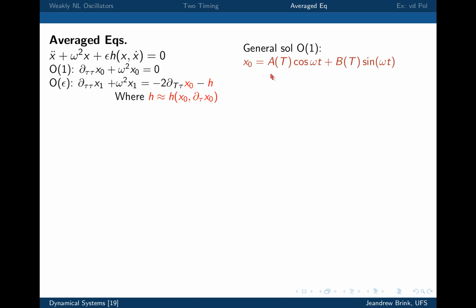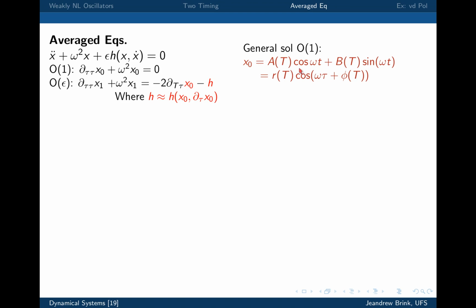So you have A of big T cos omega t plus B of big T sine omega t. An equivalent way of writing this, you have two unknown constants here, you could also write it as R of big T times cos of omega tau plus phi of big T. So these two things are exactly equivalent.